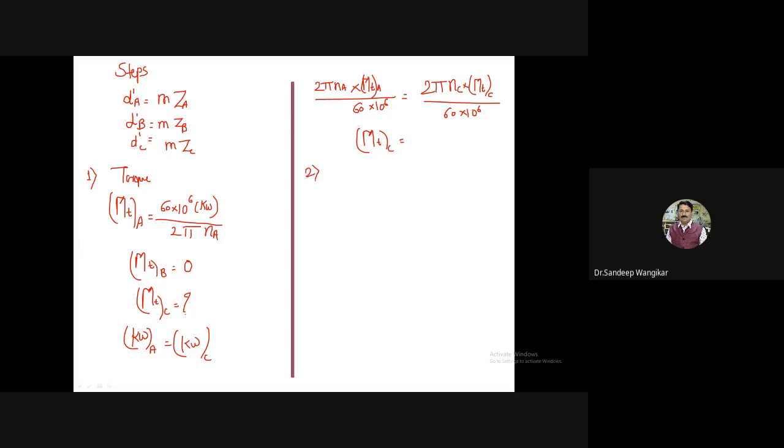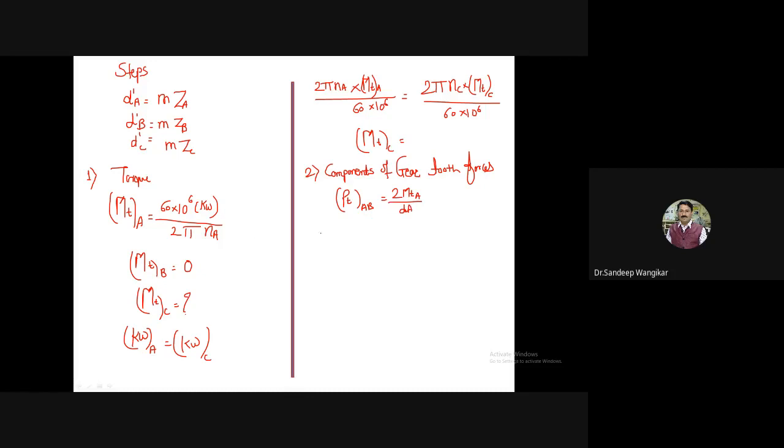Now, step number 2, components of gear tooth forces. I can easily calculate between A and B. PTAB is equal to twice MTA divided by DA.